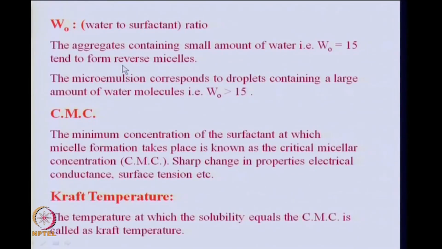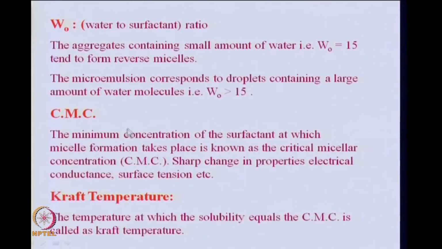For example, you can have aggregates containing a small amount of water, that is W naught equal to 15, and they tend to form reverse micelles, and whenever you have microemulsion with W naught greater than 15, you can get a lot of water. Basically what you are saying is, as you are increasing W naught, you are adding more water in the system. So, the water to surfactant ratio is given by W naught.